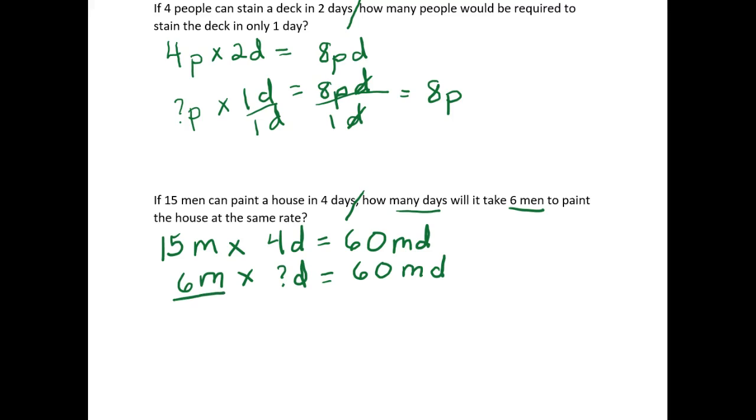So now I'm going to divide both sides by 6 men. The men unit cancels, so now we're just looking at days, which is what we're trying to solve for. And 6 goes into 60 10 times. So it would take 6 men 10 days to do it at the same rate as 15 men doing it in 4 days.